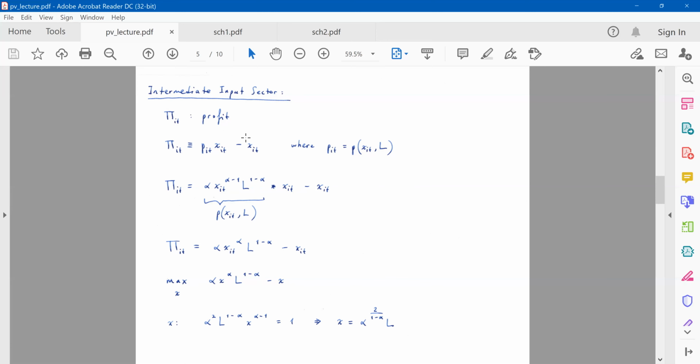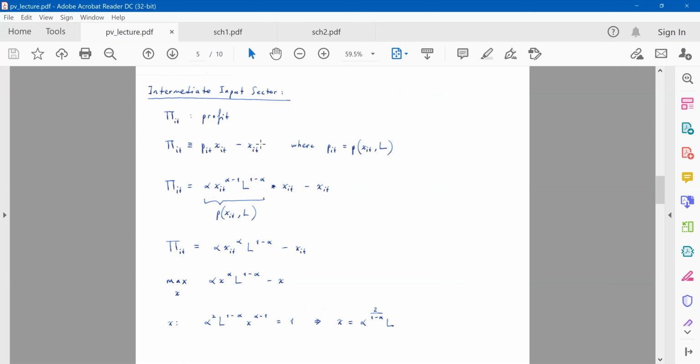Well, the price of the final good is equal to 1. Why? Because this is a general equilibrium model, so we want to normalize at least one good's price to unity, okay? Because we can always solve for relative prices. So then, if the price is 1, the total cost I'm paying for production of machines is just equal to Xi.